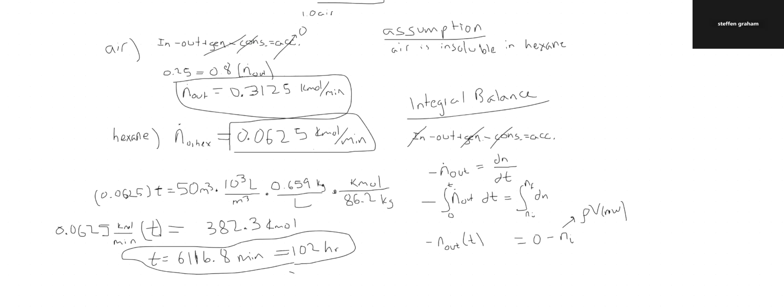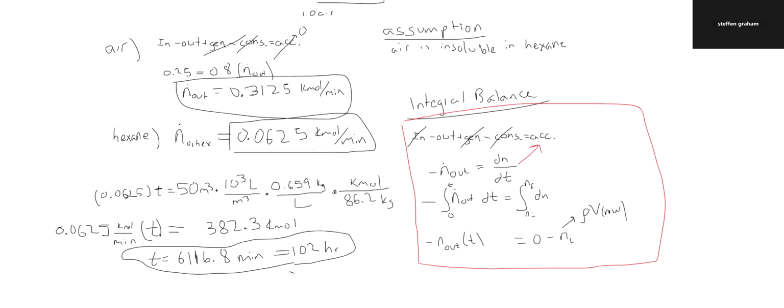And I mentioned that in the background, this is kind of what was going on, where the accumulation or depletion changes with time, the amount of hexane in the system. So really in the background, you're doing this integration. I don't think your teacher is going to make you show that. Maybe they will.